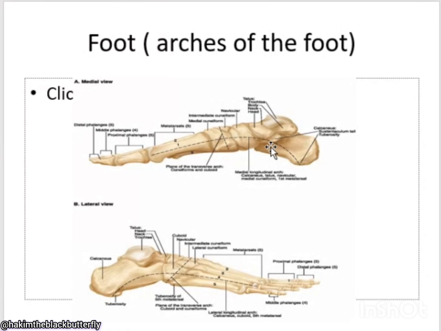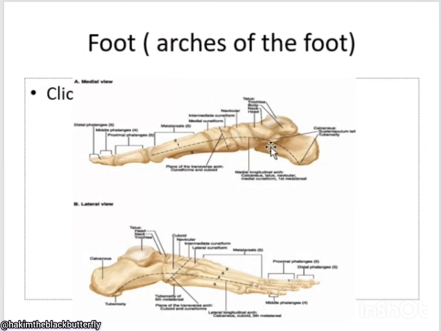The joints of the medial longitudinal arch include the subtalar joint. They call it a subtalar joint because it is below the talus, and this is the joint between the talus and the calcaneum. Club foot always affects the subtalar joint.